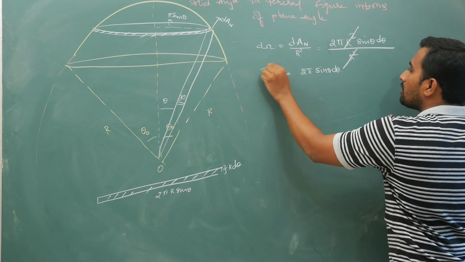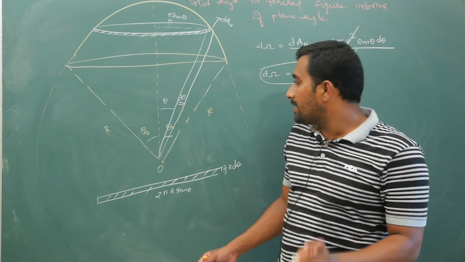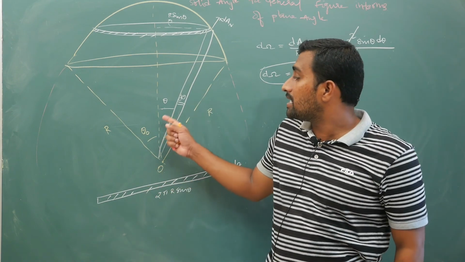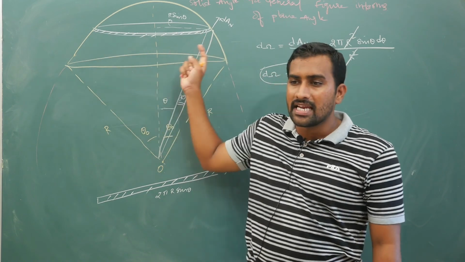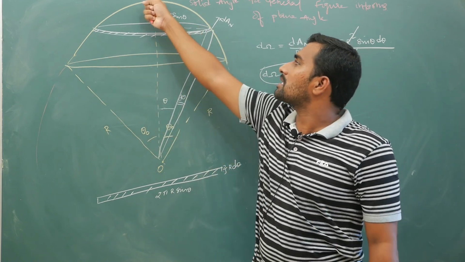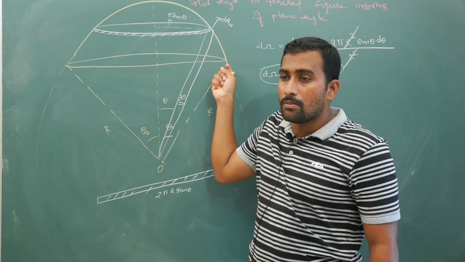Now observe carefully, what are my limits? To get these limits, theta is not from minus theta naught to plus theta naught, because here we are taking areal integration. If theta is 0, strip goes to top. If theta is equal to theta naught, strip comes to bottom.